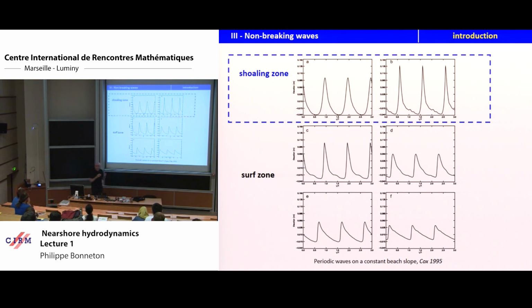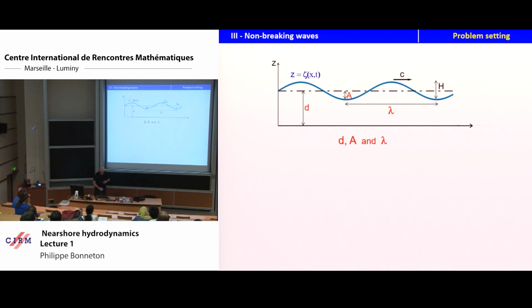So the objective now for this chapter is to describe a modeling strategy for describing these non-breaking processes.